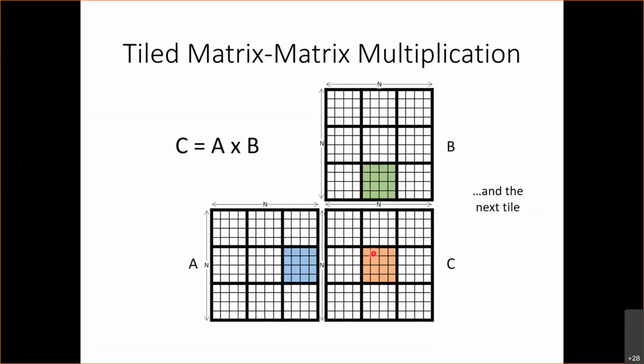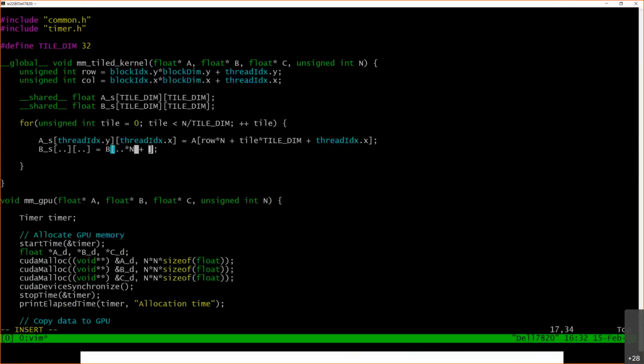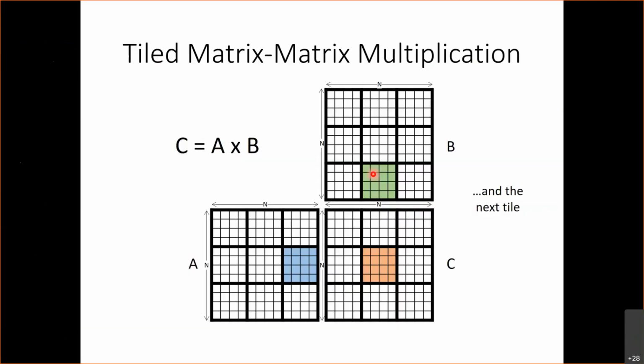This thread is going to load this element. This thread is going to load this element. This thread is going to load this element. Okay, so the column index is going to be the same as the thread itself. Okay, but the row index is going to differ. The row index is going to be the tile index times the dimension of the tile. That brings us to the beginning of the tile.